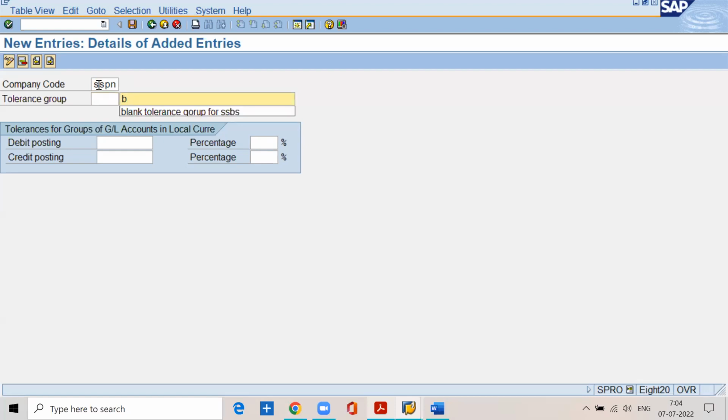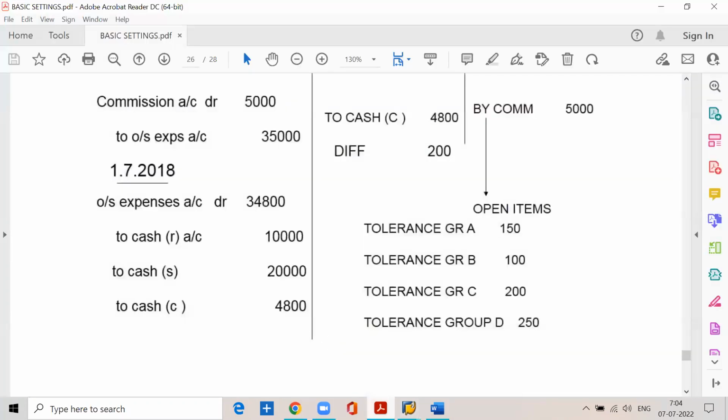Name is equal to blank tolerance group for SSPN. Debit posting 1000. Credit posting 1000. Click on save. What is this blank tolerance group?